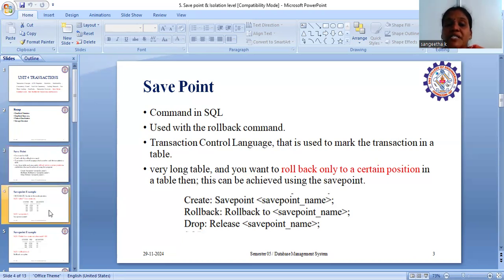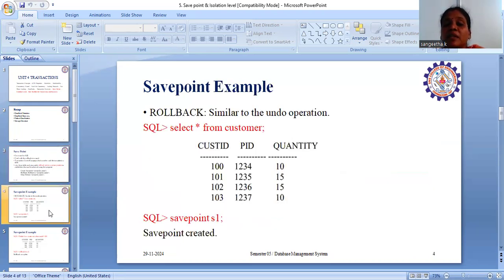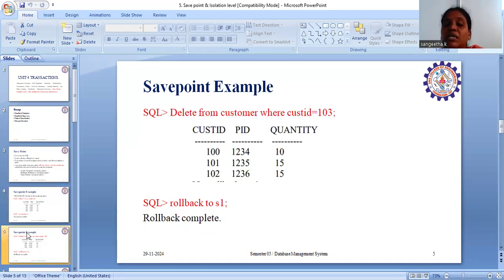Now the savepoint example: customer ID, product ID and quantity. If I give SELECT * FROM customer, the data will be shown after executing this statement. If I give SAVEPOINT S1, the savepoint will be created for the transaction above. If I want to delete, DELETE FROM customer WHERE customer ID is equal to 103, the last tuple will be removed.